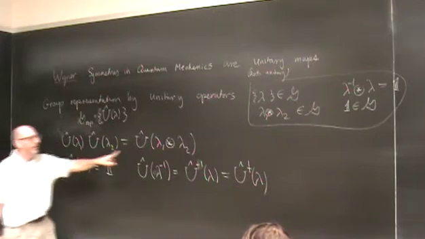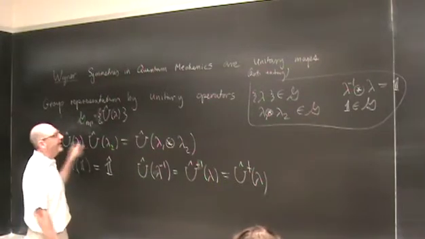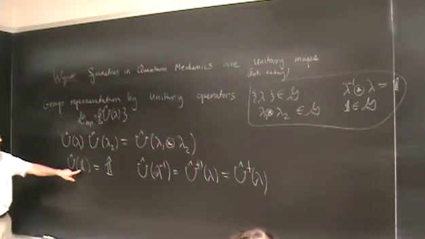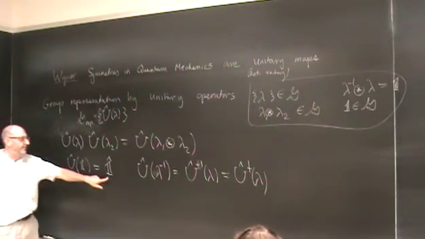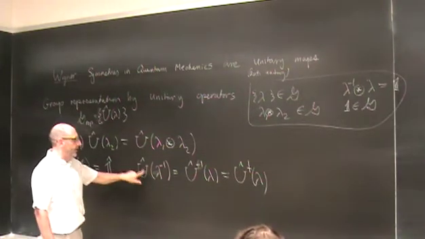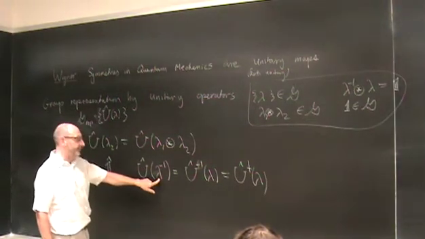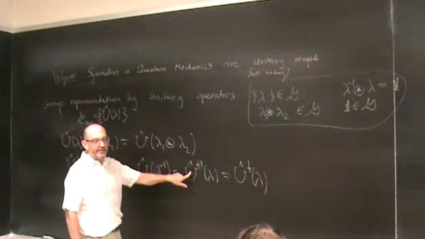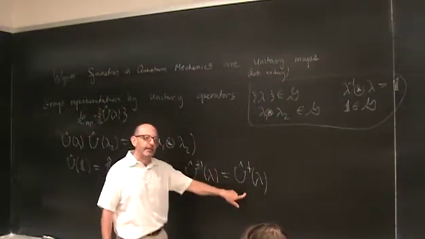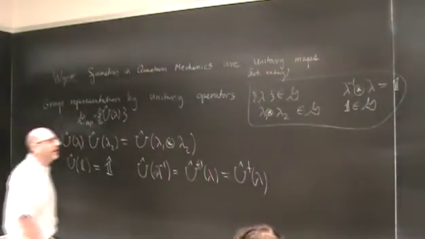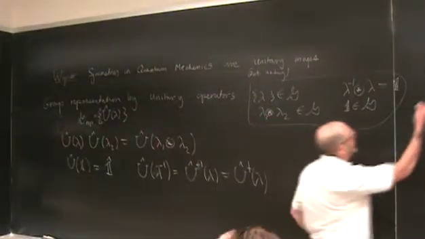And the fact that this is a representation says this, okay? The identity element of the group is the identity operator, and the unitary associated with the inverse element of the group is the inverse of the operator, which of course, if it's unitary, is the dagger, okay? And so what we're talking about now is time translation.